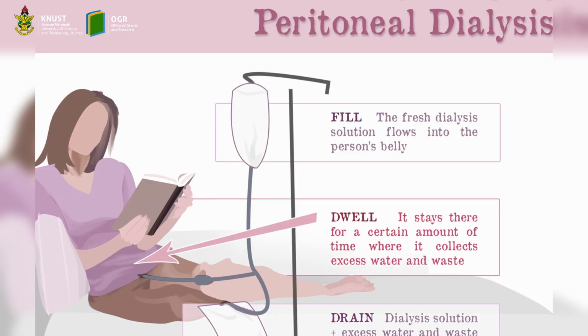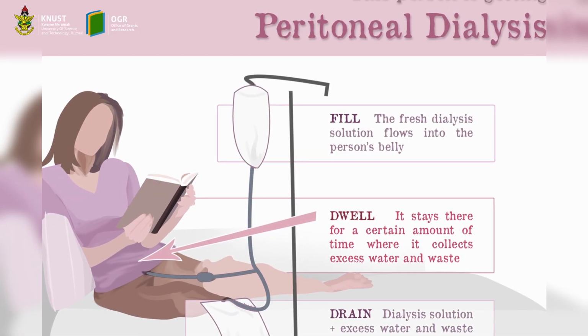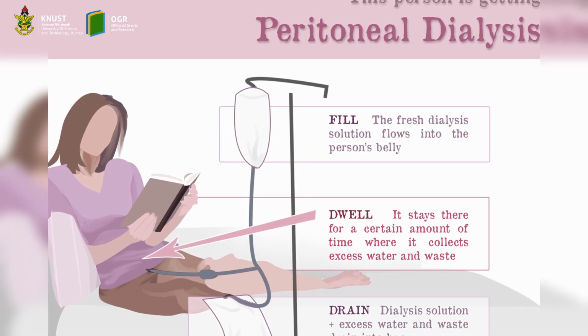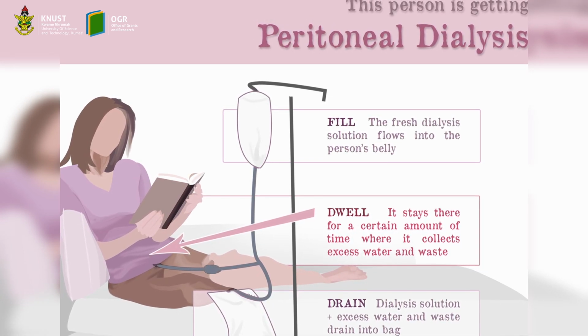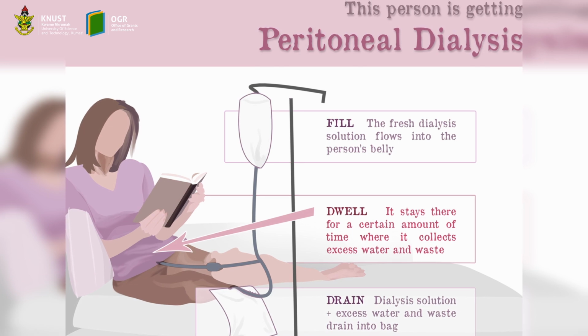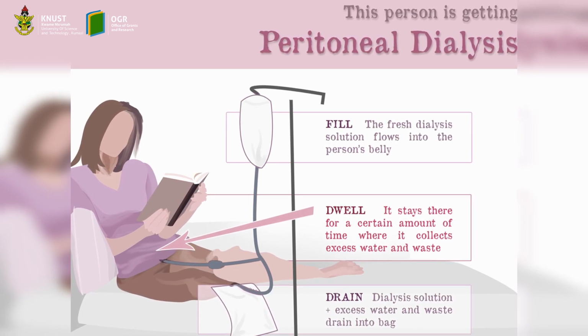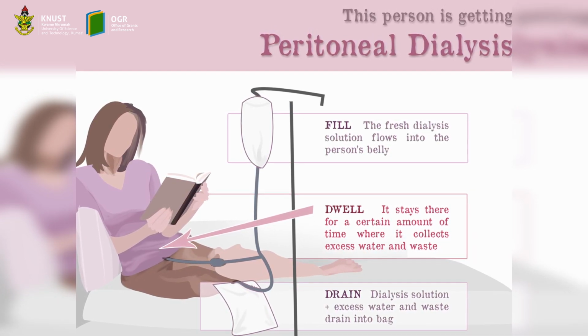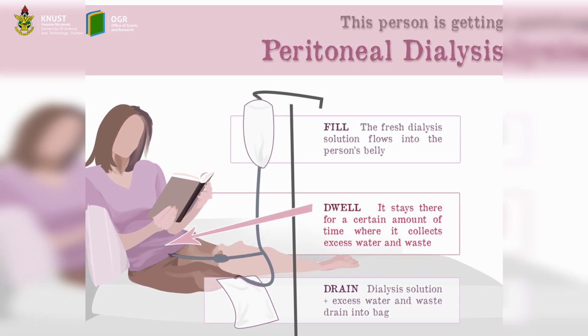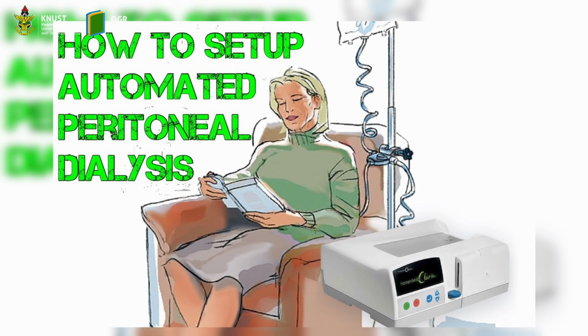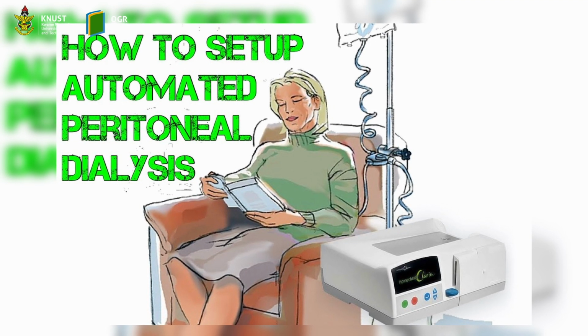Another part of it is that the traditional continuous ambulatory peritoneal dialysis is labor intensive. With the traditional procedure, there is the inflow, the dwell time, and then the drain. With the inflow, the mechanism they employ is gravity, where they hang the dialysate bag on an IV pole and then open the channel for it to flow into the peritoneum cavity.